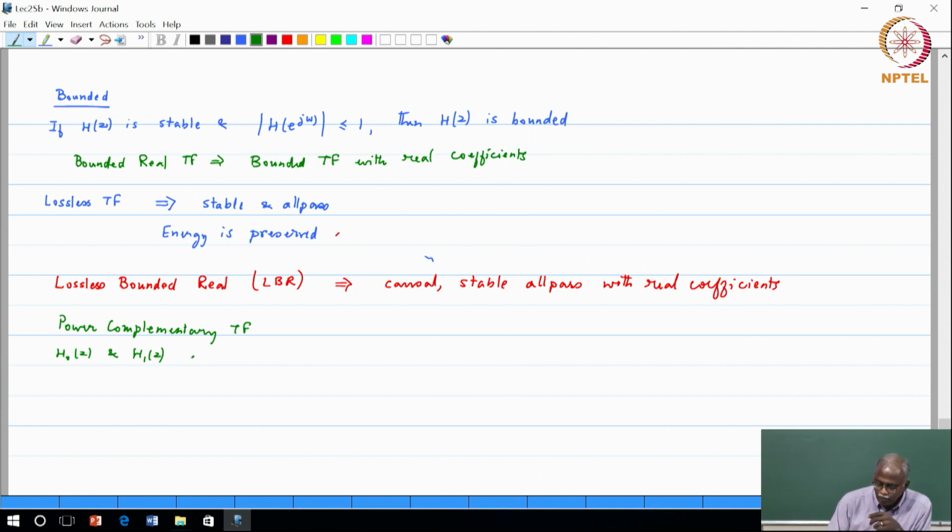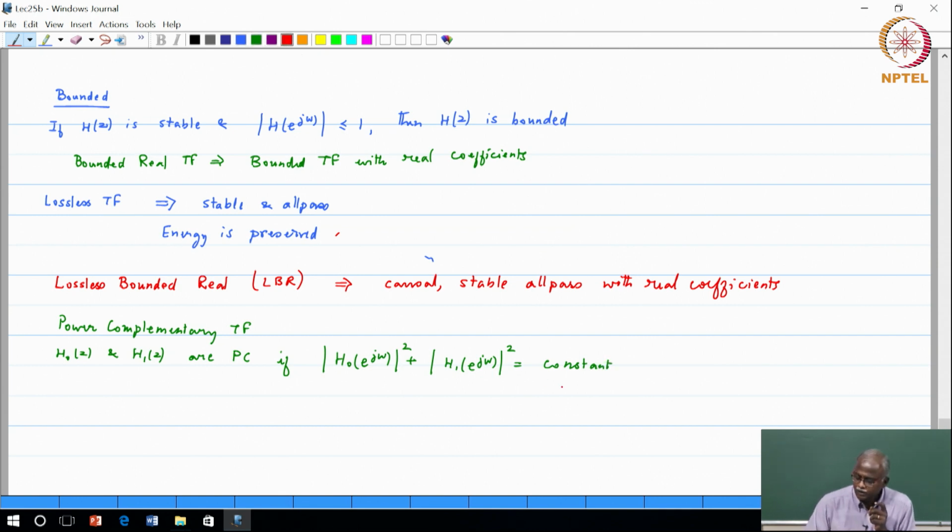They are power complementary, PC, if they satisfy the following property: magnitude H naught e of j omega squared plus magnitude H1 e of j omega squared is equal to a constant. I would like to take it to be equal to 1 for all values of omega. We would like this property to be satisfied.